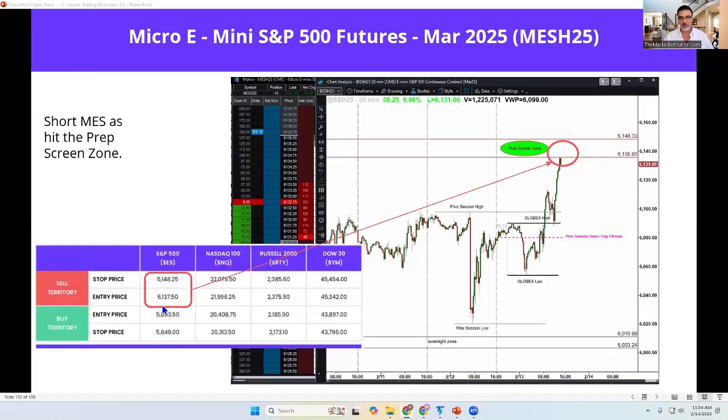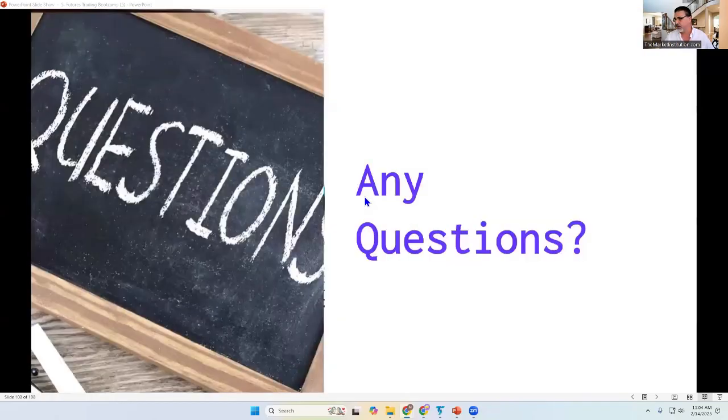MES, another prep screen zone. Price was running up there. I had to take this one in the overnight session because by the time price got up to that prep screen zone, I had to step out of the prop account. I had to close out the trade, and I got back in an hour later after the regular session started up again.